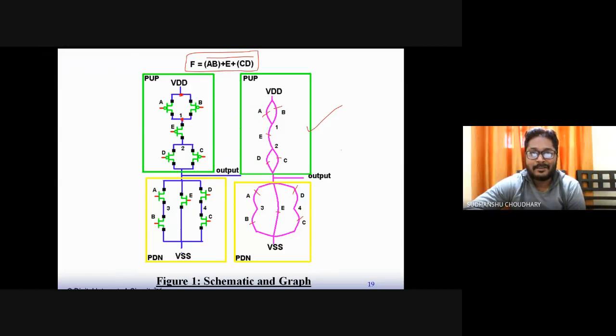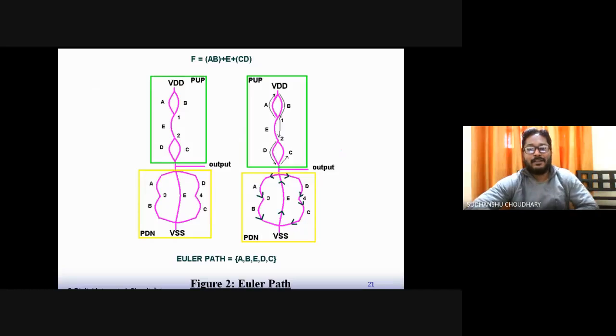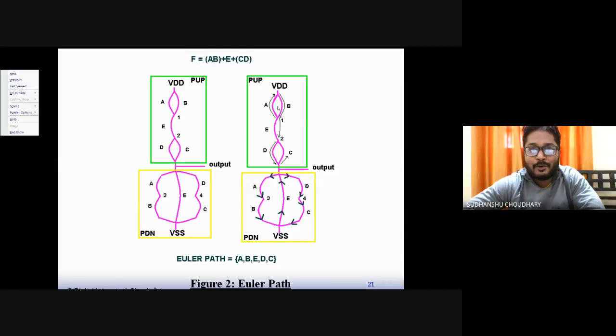Now the next thing is that we need to traverse all these nodes, in either a clockwise or anti-clockwise way, whatever way you want to visit. One has to visit all these nodes in this graph. For example, all these nodes, that is VDD, 1, 2, output, 3, 4, VSS, are nodes. So one has to visit all these nodes, and while traversing, one has to visit each edge only once.